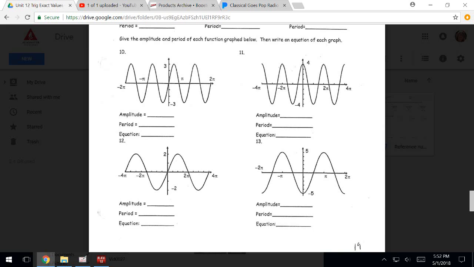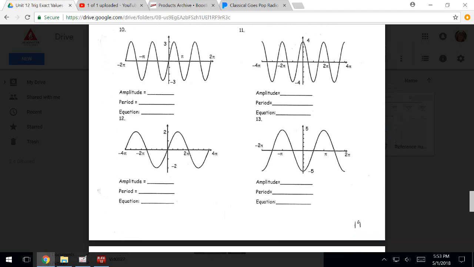It passes through the origin. Remember that either sine or cosine, one of the two, passes through the origin, okay? So you've got to look at that one. Look at number 11. That one goes up to your maximum at 4. So remember which one, sine or cosine, went through your maximum of 4, okay?